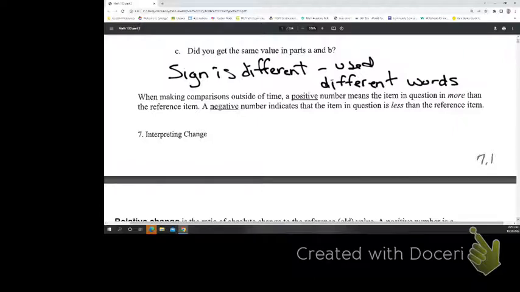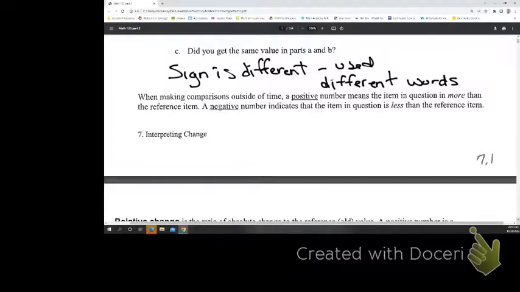So yes. So, well, do you consider -5 and +5 to be the... Well, since we're using 5, we're just using different words. Right. Same, as long as you know that you have to use the increase or decrease or more or less.